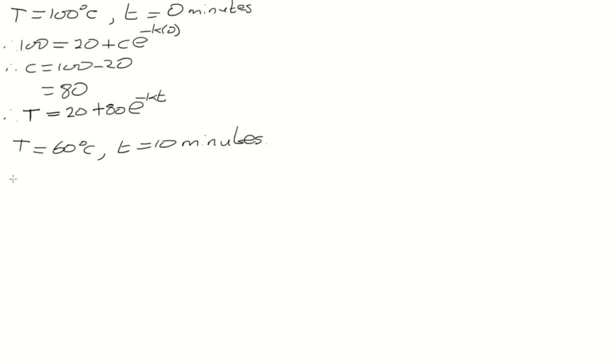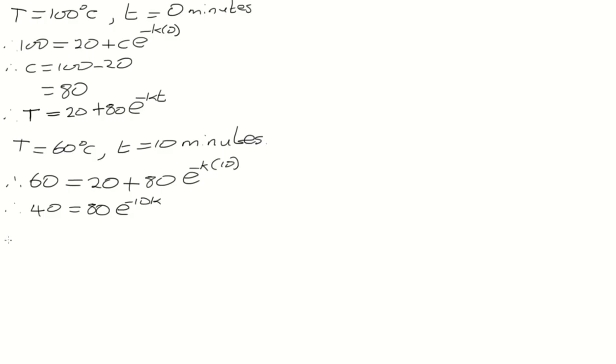So what do we have here? So therefore means now we have 60 is equal to 20, doesn't change. We're still on the same system. Therefore plus 80 e raised to minus k. Time is 10 minutes. This condition will give us a value of k. So therefore I have a 60 minus 20. Therefore means we have a 40 here is equal to 80 e raised to minus 10k.